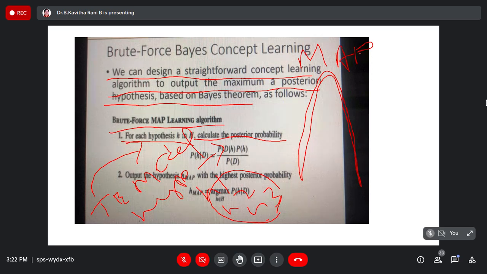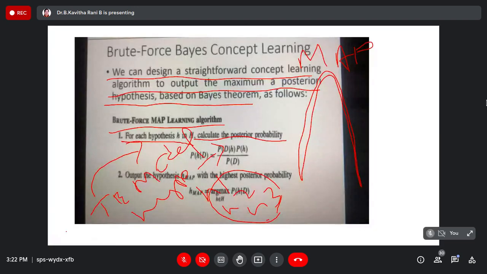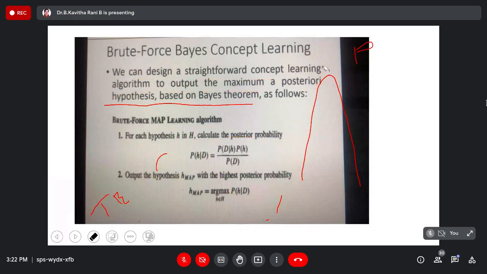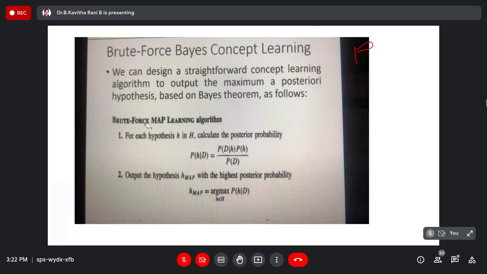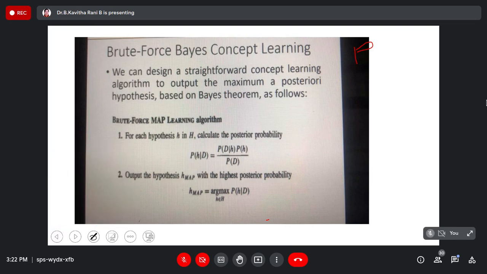Okay, so calculate all the posterior probabilities by using this formula.